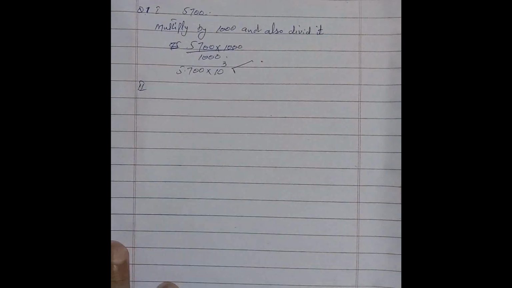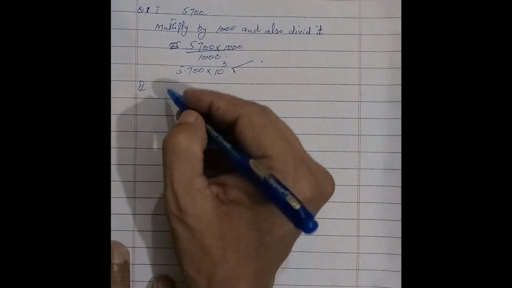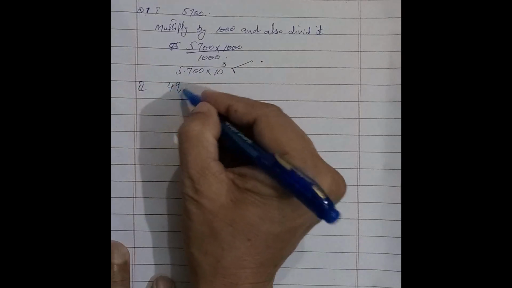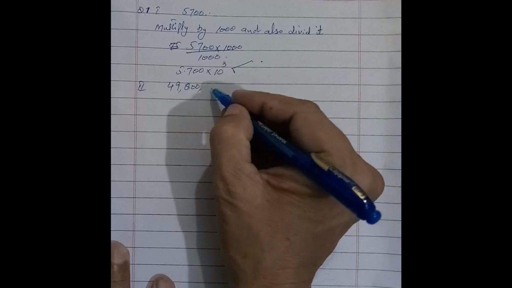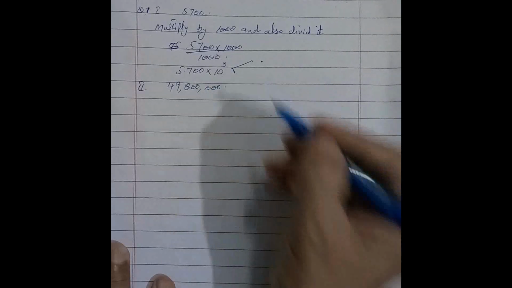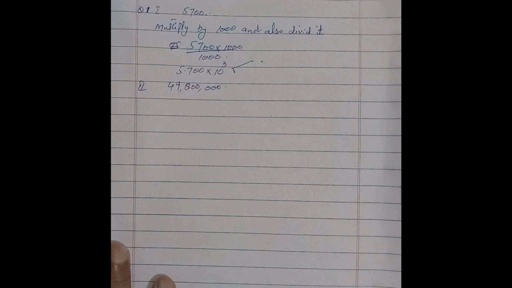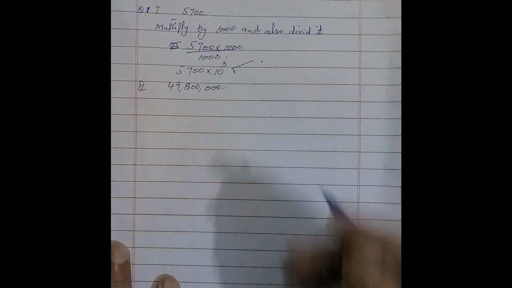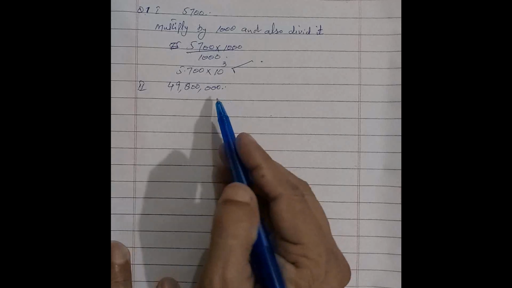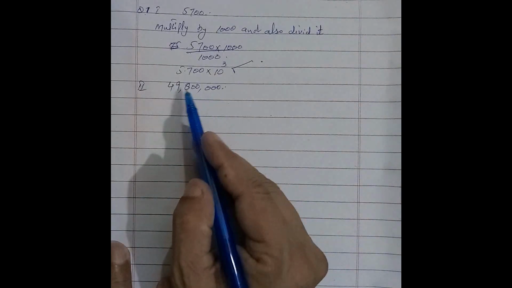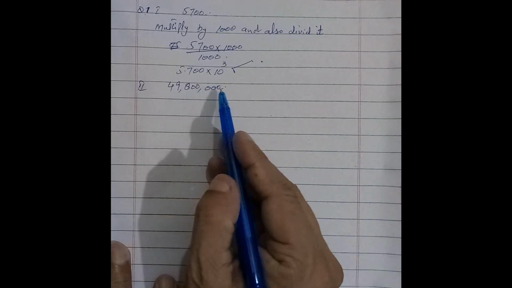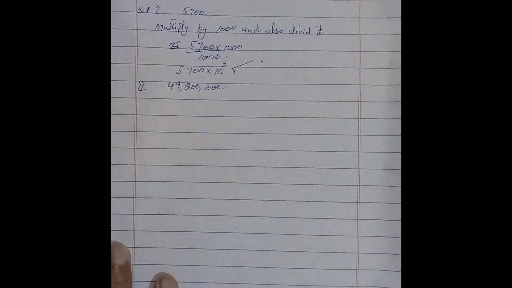The part 2 is 49800000. In the same way, we have the decimal at the end of the 0 and we shifted it after 4, which is 3 plus 3 is 6 and 7 points to the left.